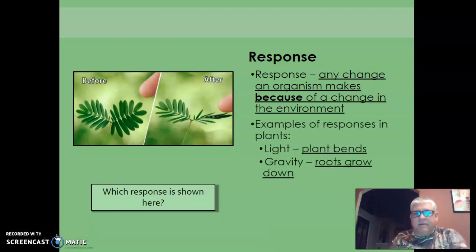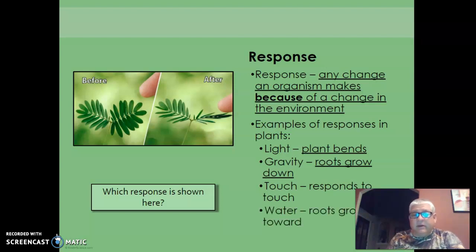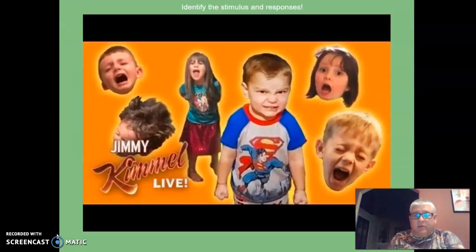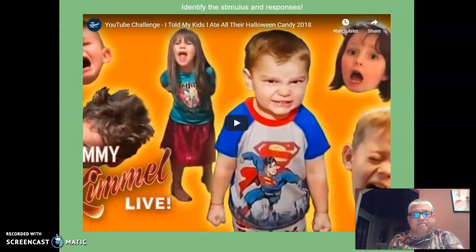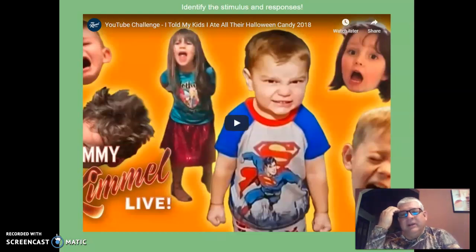And then they give you some examples, like the plant bends toward the light, roots growing downward from gravity, and touch: it responds to touch, roots do the same thing. This is a good video, so I wish I had time to show it, but this is funny.